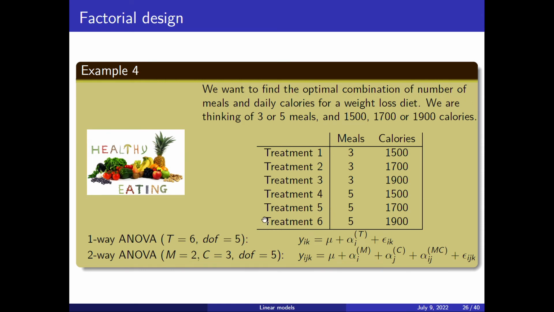So you can do a one-way ANOVA with 6 treatments. Each combination would be a treatment, and you would determine the contribution of each of these treatments, consuming 5 degrees of freedom. Now let's do the factorial design. It would decompose this treatment effect into 3 components: the first related to the number of meals, the second related to the number of calories, and then the synergies, the interactions between the two.